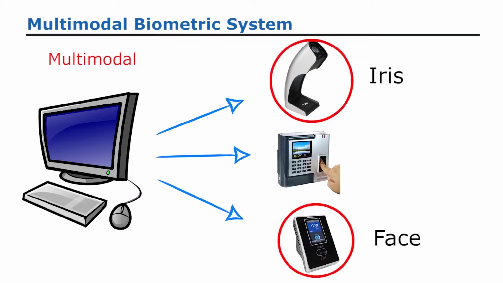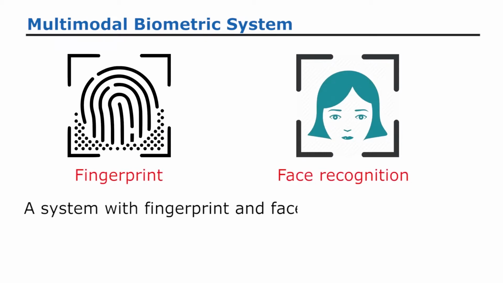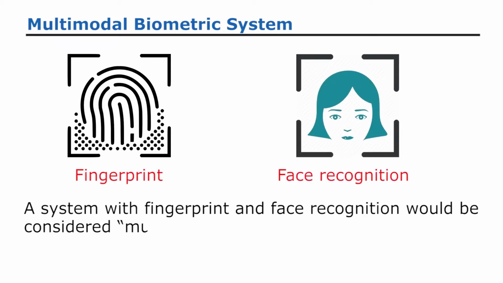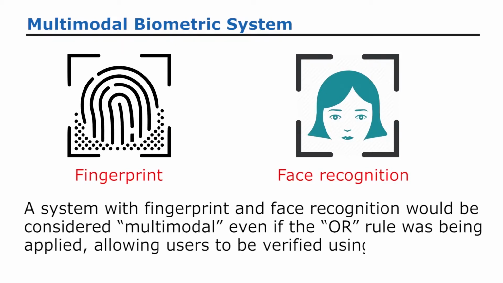It is not required that the various measures be mathematically combined in any way. For example, a system with fingerprint and face recognition could be considered multimodal, or if OR rules are applied, allowing the users to be verified by either of the modalities.